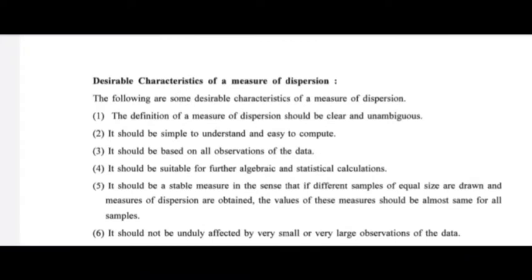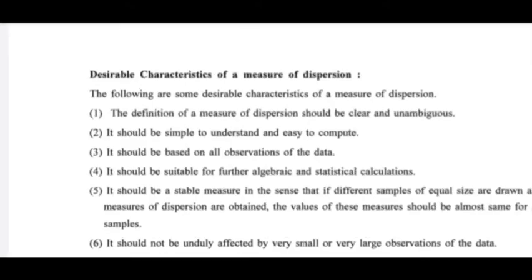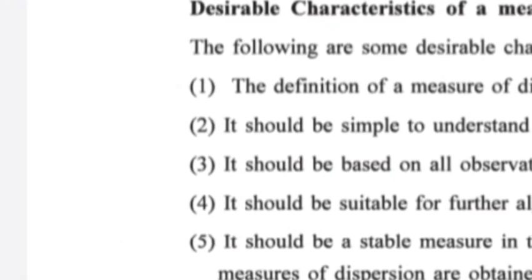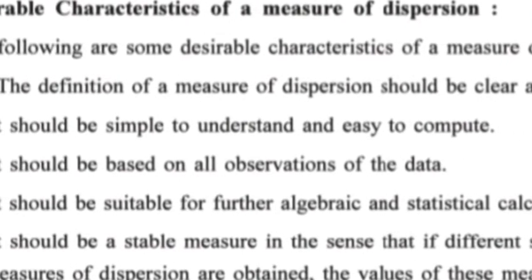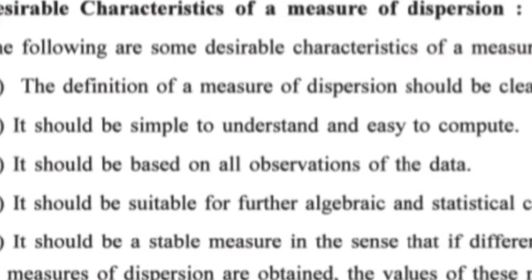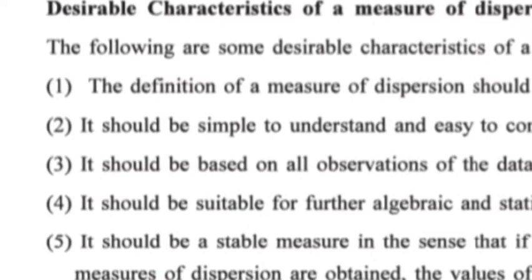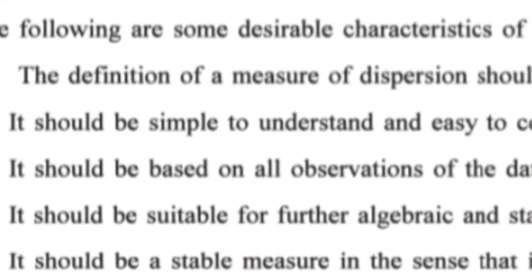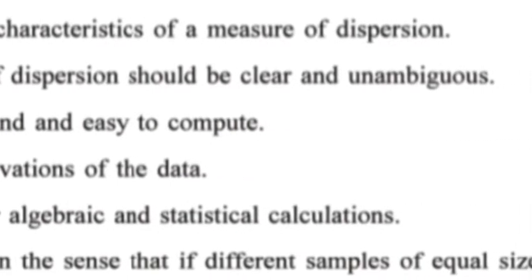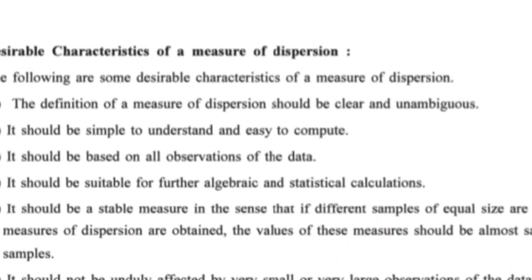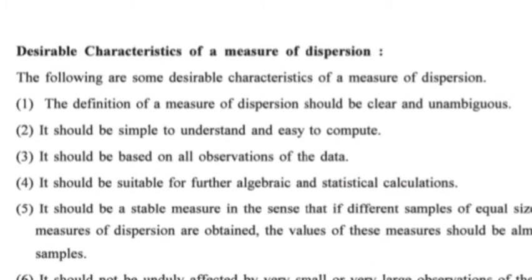Now children, here we shall study the desirable features or the characteristics of a measure of dispersion. Now over here we'll see the first one. The definition of a measure of dispersion should be clear and unambiguous. That is, you would find that the definition of dispersion should be clear.